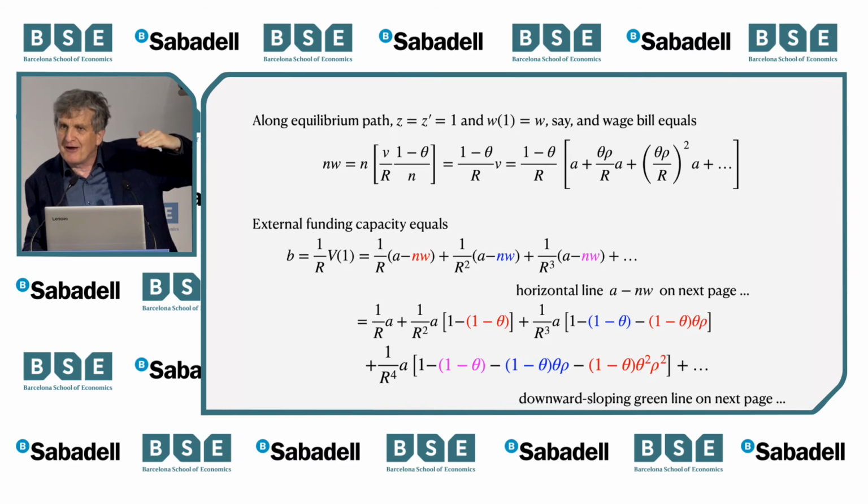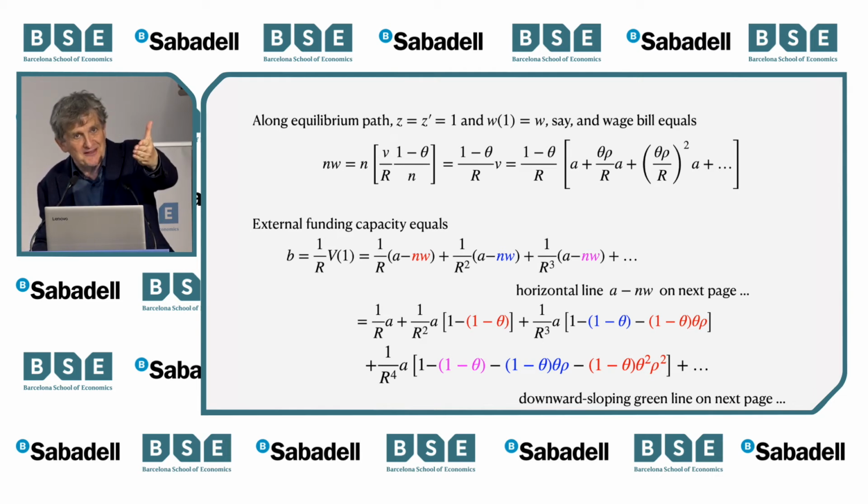A small drop in R has a big impact on Q, because it's F over R minus 1, whereas the same small drop in R has a much smaller impact on B. Why? Because your funding horizons are short. So this is me teasing out a macro implication, doing a comparative statics with respect to R.